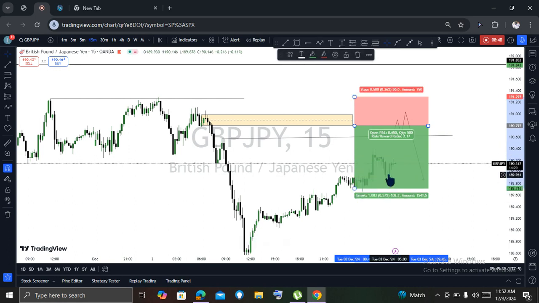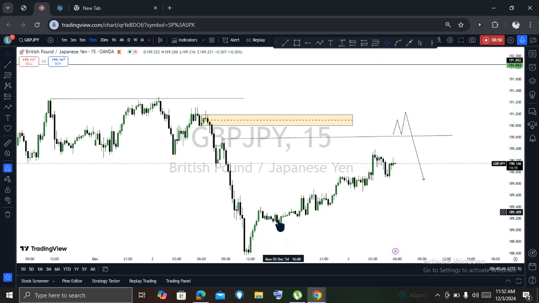But with the very slow price action, it's showing exhaustion of price. Look at it, it's not really moving in a very impulsive phase. What I'll be looking forward to is to take a reduced risk entry.